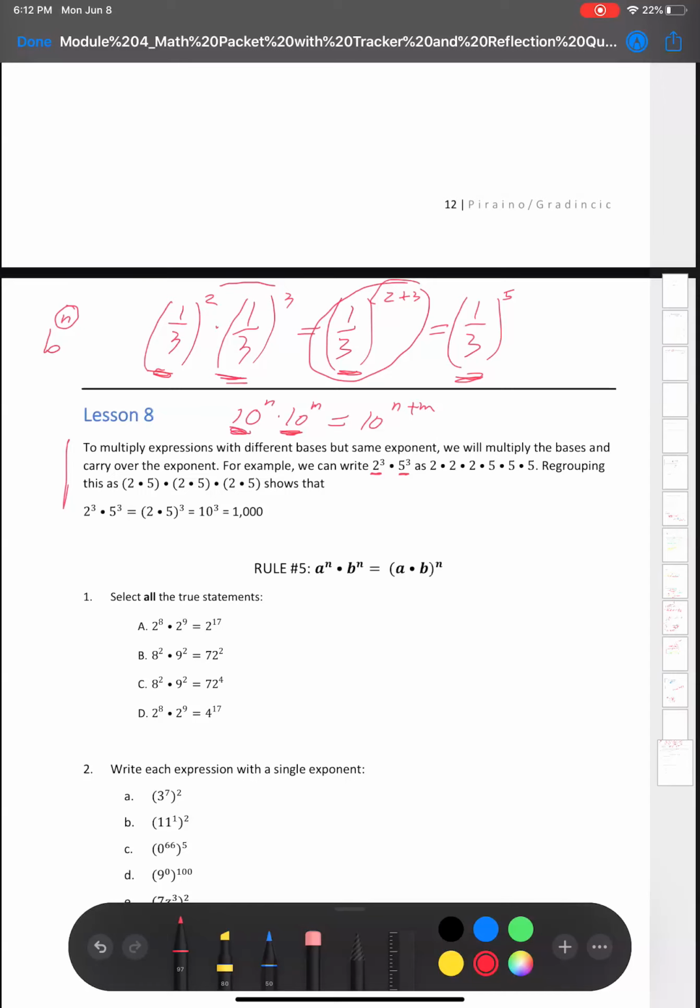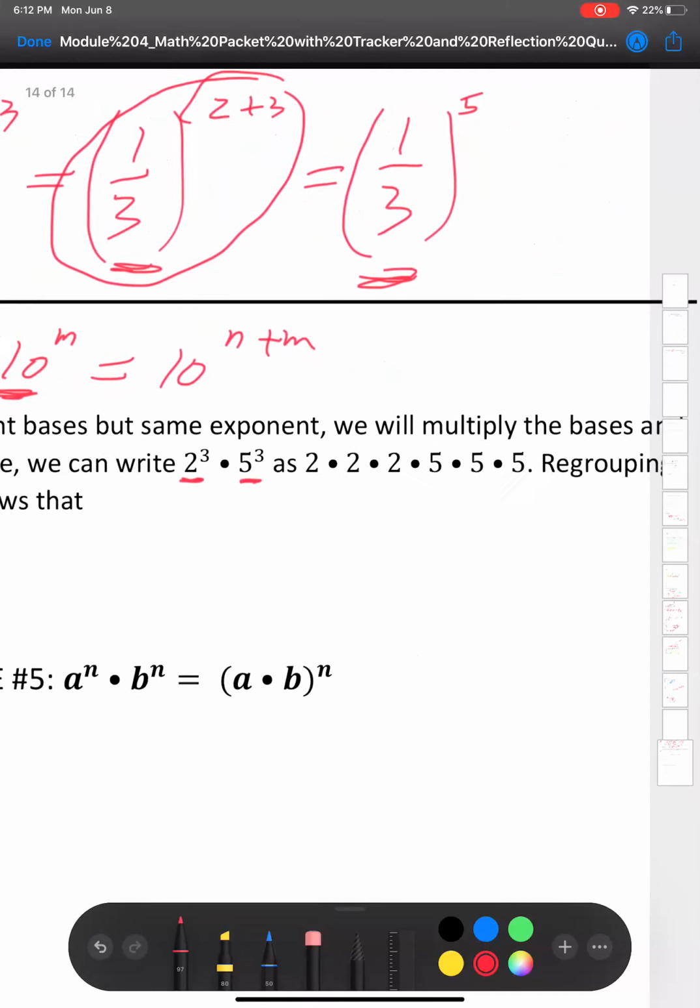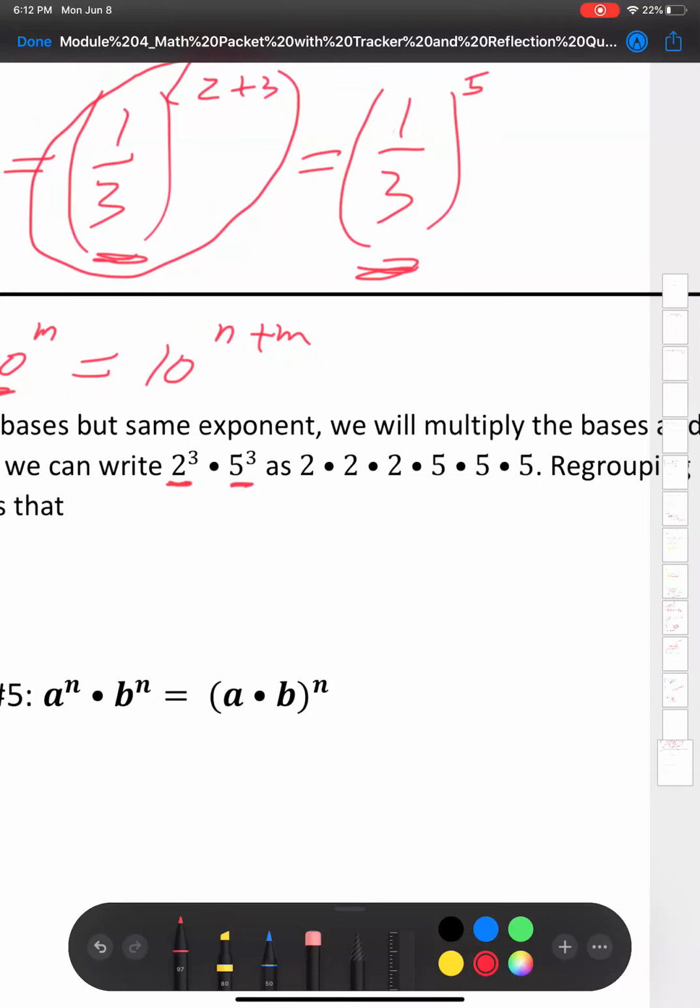So for example, 2 to the 3rd power times 5 to the 3rd power. We know that 2 to the 3rd power means we're multiplying 2 with itself 3 times, so there's 2 times 2 times 2. And 5 to the 3rd power is 5 times 5 times 5. So we have 5 three times.